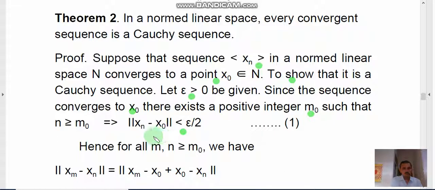So for all m, n greater than or equal to m0, we have norm of xm minus xn. Here we add and subtract x0, so we obtain norm of xm minus x0 plus x0 minus xn.